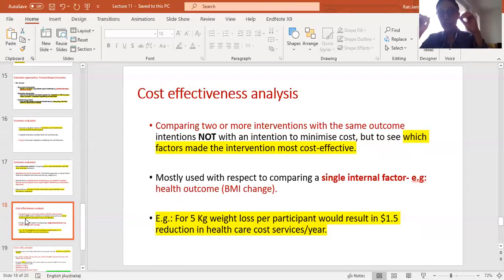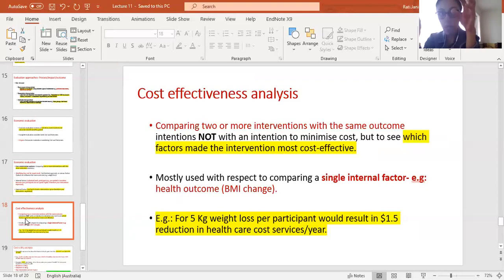You may be measuring, say, weight loss factors. You choose one factor out of many of your independent variables. Say change in diet, change in physical activity, change in cognitive behavior, change in BMI, things like that. So basically at the end, you want to see one factor. Over here, I have taken an example of, say, change in BMI, which is weight loss.